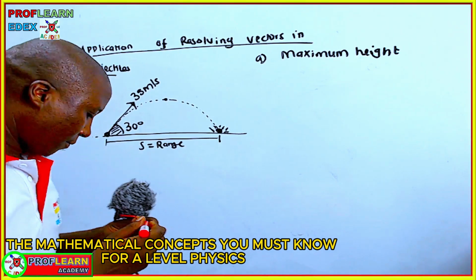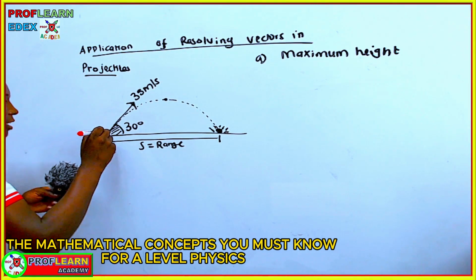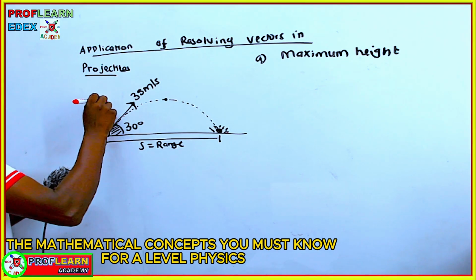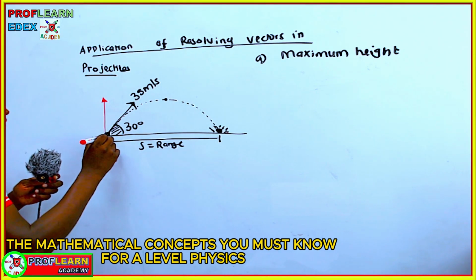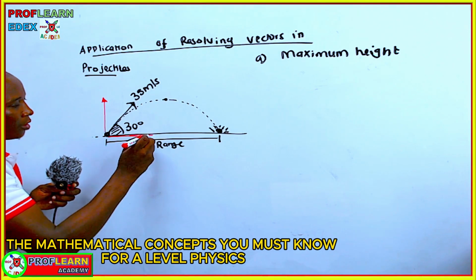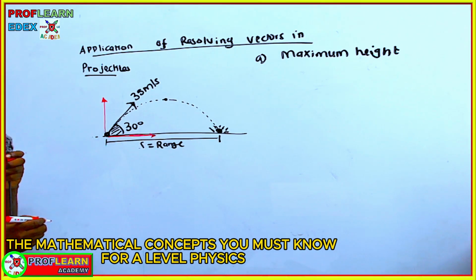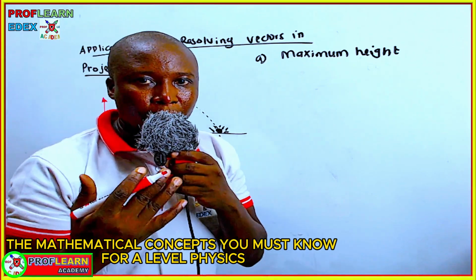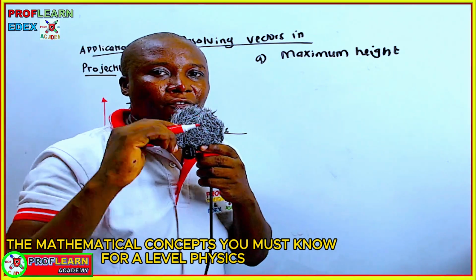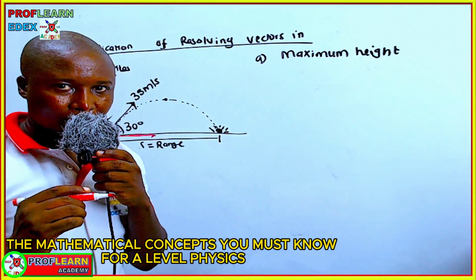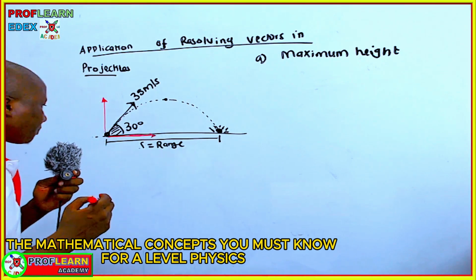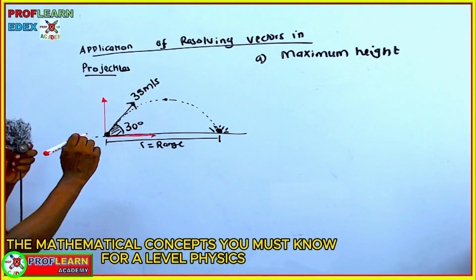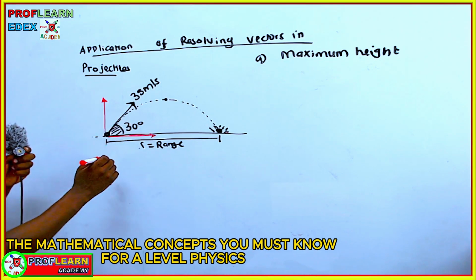So we can ask ourselves, in the vertical direction, what's the speed of this object? In the horizontal direction, what's the speed of this object? Now, the vertical component of this projectile is going to be affected by gravity.